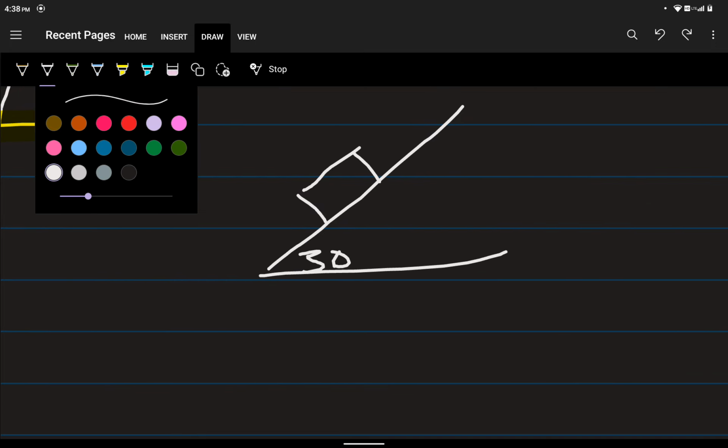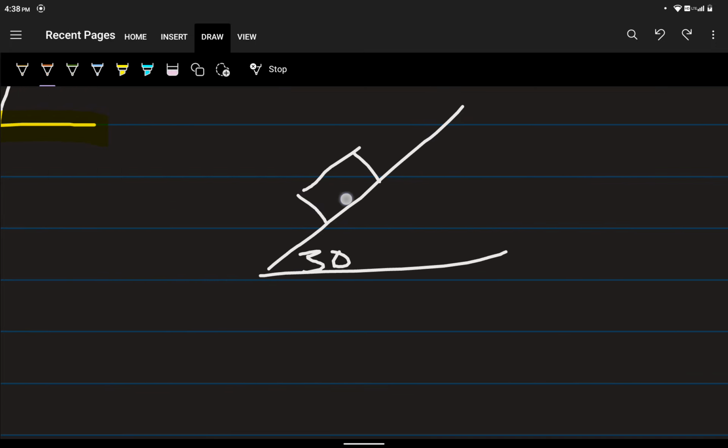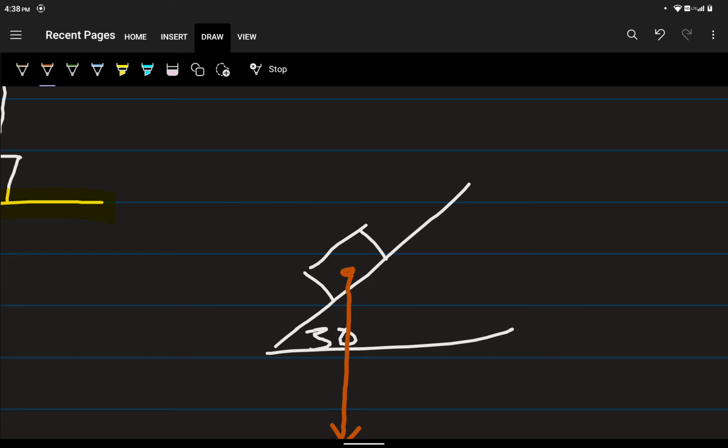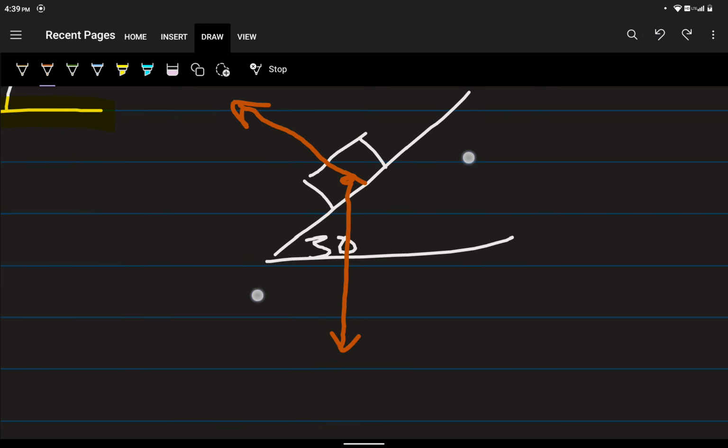So the gravitational force acts downwards, right? And the normal force is supposed to act perpendicular to the surface at 90 degrees with the surface, okay. And this force over here is exerted on the object, okay.